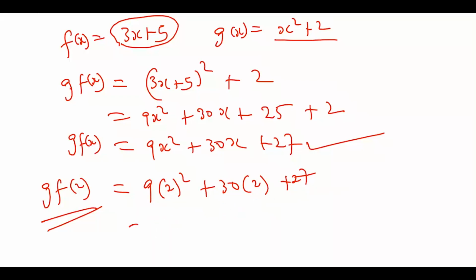So 2 times 2 is 4, 4 times 9 is 36, plus 30 times 2, that will be 60, plus 27. If you add these three numbers together, you should get 123. So this is what you need to know about functions as far as IGCSE is concerned.